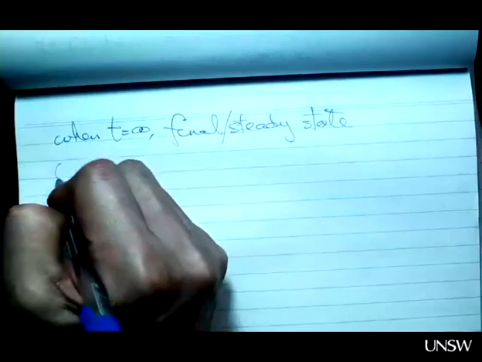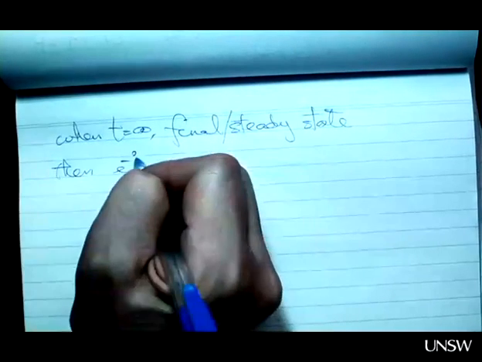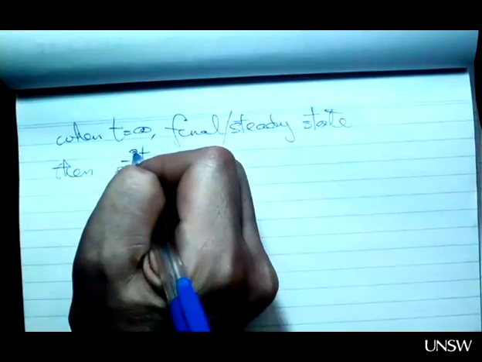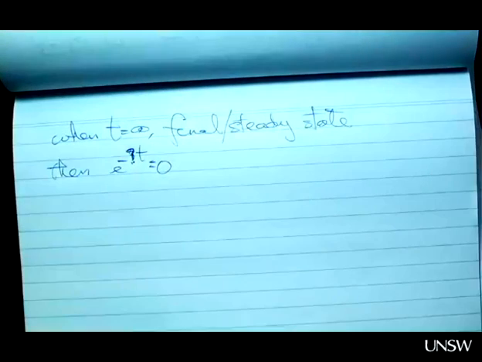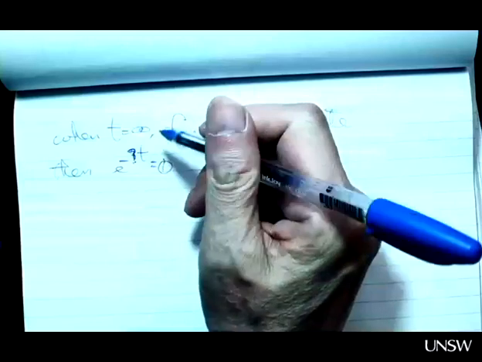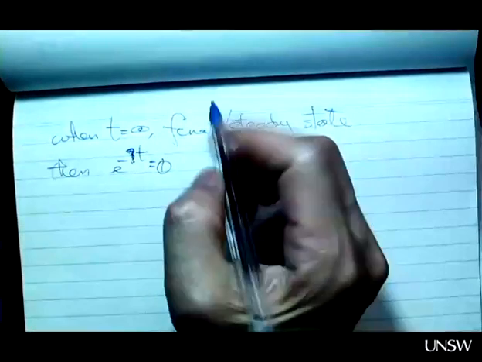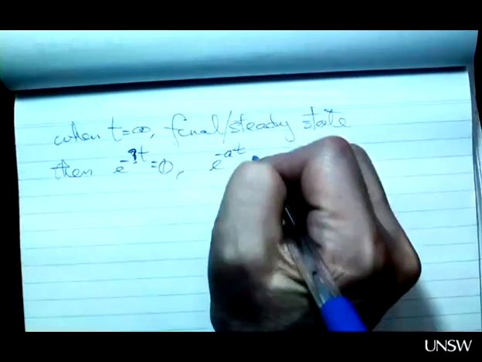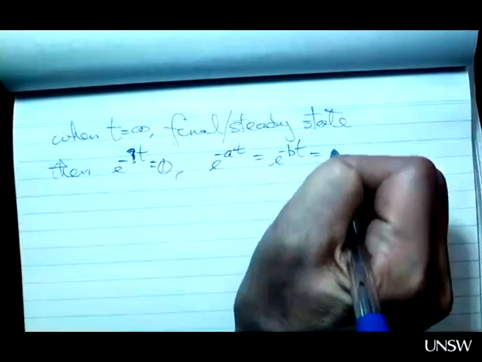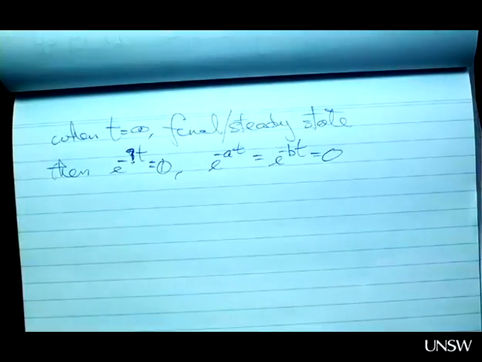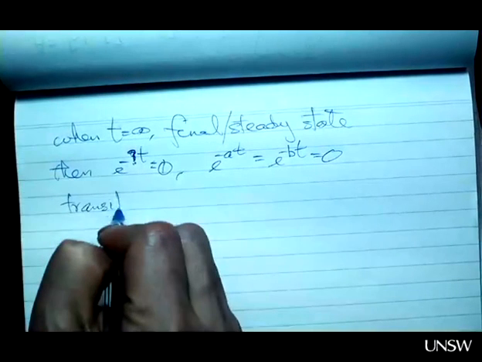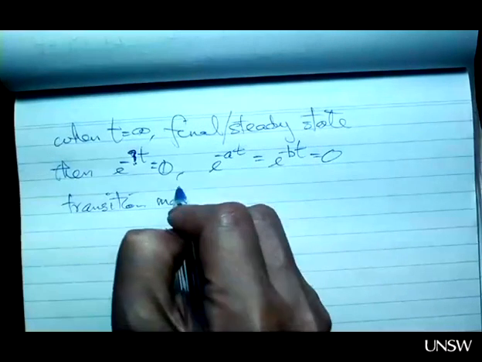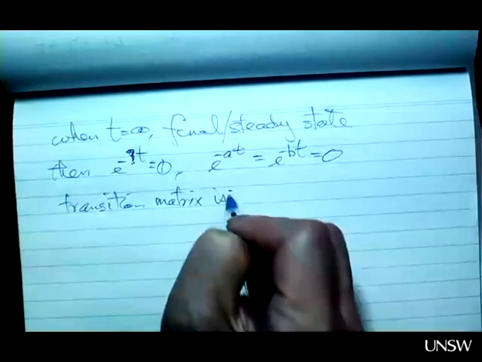When t goes to infinity, then exponent to whatever t goes to 0. No matter exponential a, no matter exponential b, they are all 0. Then the transition matrix is, and then we have the A minus B and then all 0.